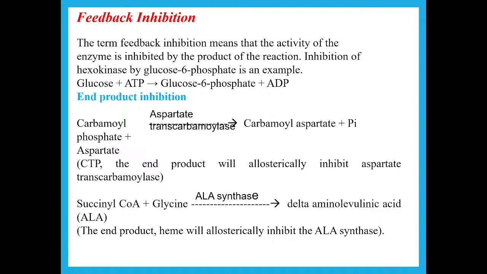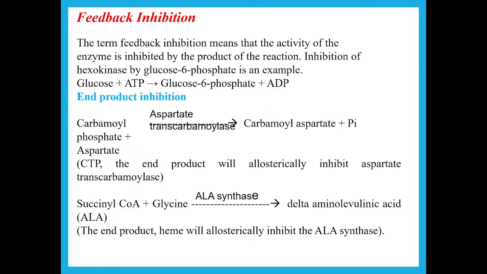Feedback inhibition. The term feedback inhibition means the activity of the enzyme is inhibited by the product of the reaction. Inhibition of hexokinase by glucose 6 phosphate is a classical, widely studied example in the glycolytic pathway: glucose plus ATP gives glucose 6 phosphate plus ADP, and end product inhibition occurs. Next, carbamoyl phosphate plus aspartate, by aspartate transcarbamylase, gives carbamoyl aspartate plus Pi.